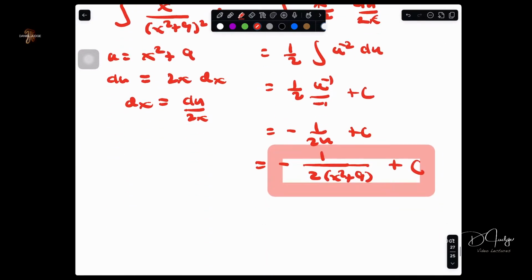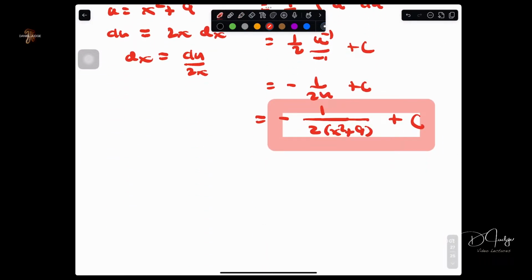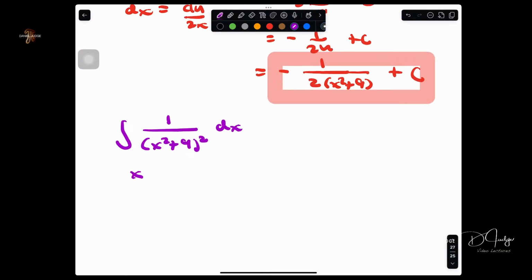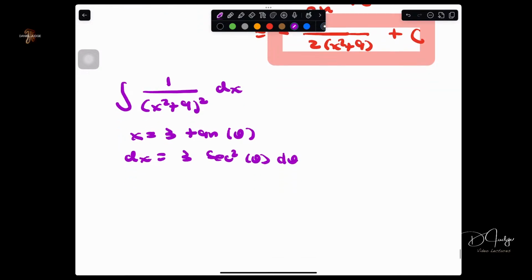Now, the trig sub question, purple. 1 over (x squared plus 9) squared dx. Okay, so x will be 3 tangent theta. dx is 3 secant squared theta d theta.